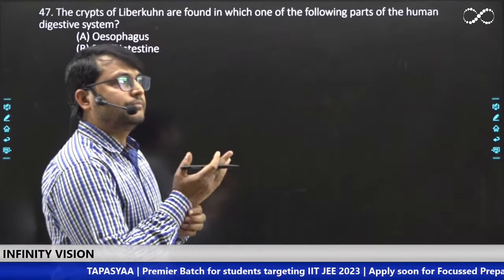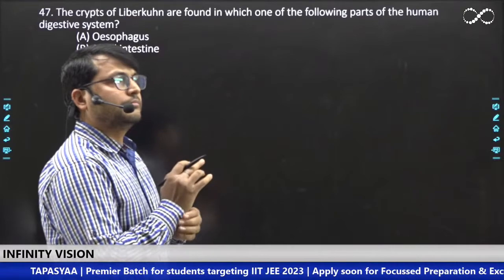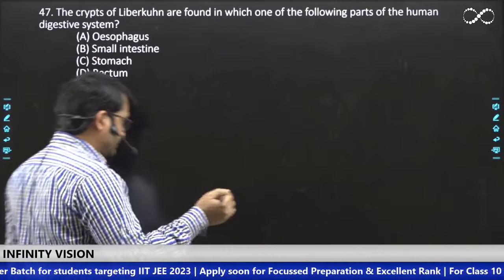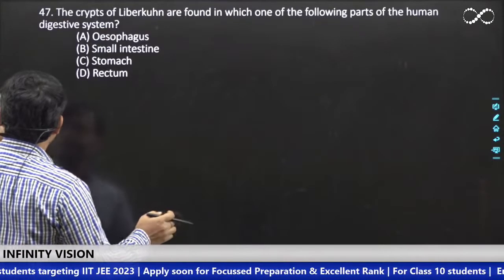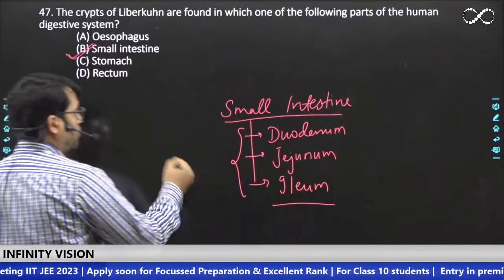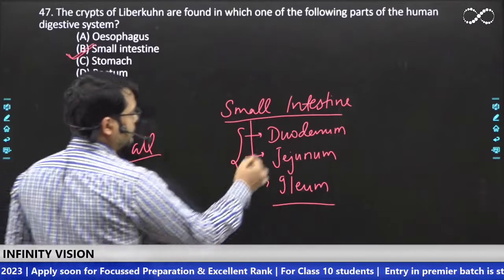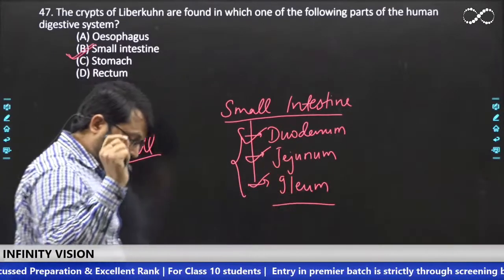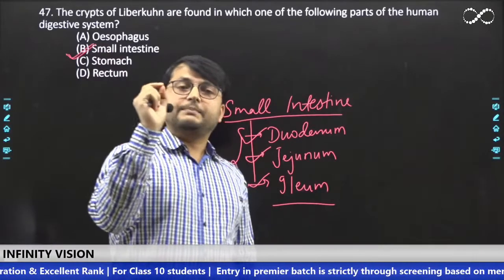Okay, so Akhil and Agrim have given me the right answer. The correct option is that in all parts of the small intestine, that is duodenum, jejunum, and ileum, we find the crypts of Lieberkühn.